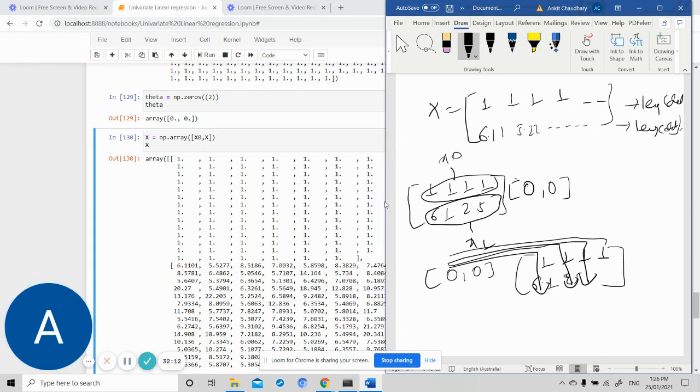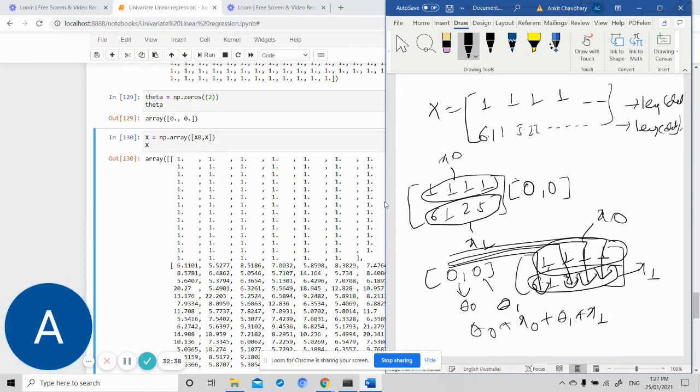So this is my theta naught, this is my theta 1. What does this do? Theta naught times x naught plus theta 1 times x1.